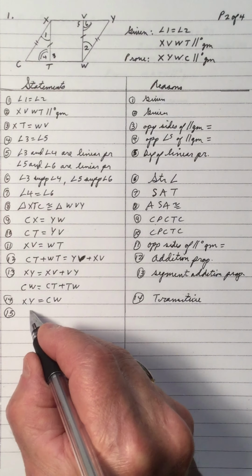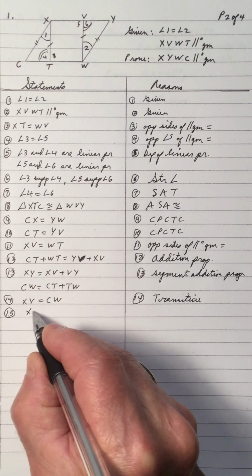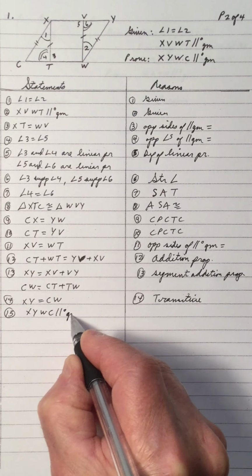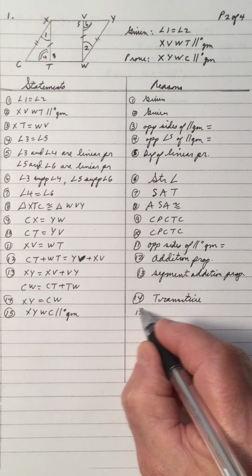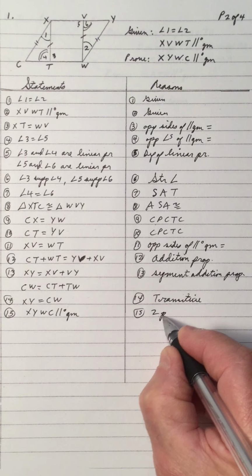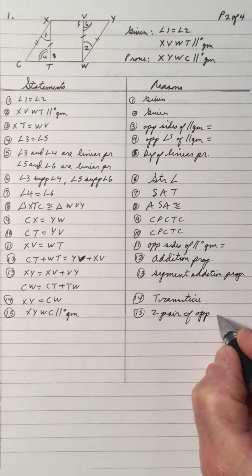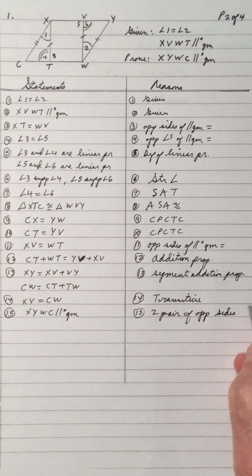So now we have a parallelogram. XYWC is a parallelogram. And the reason is we have two pairs of opposite sides equal.